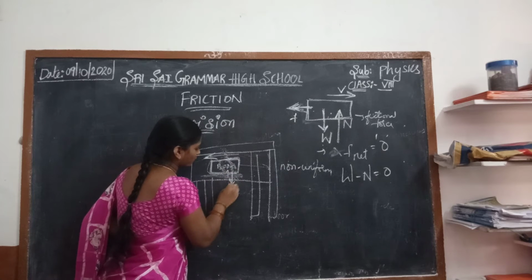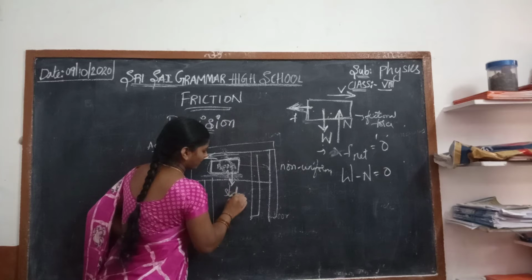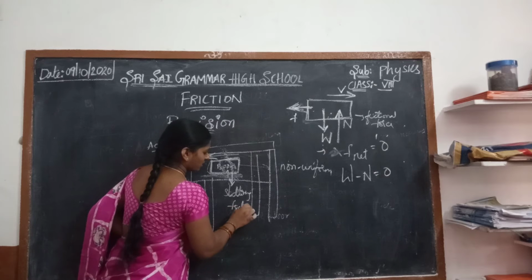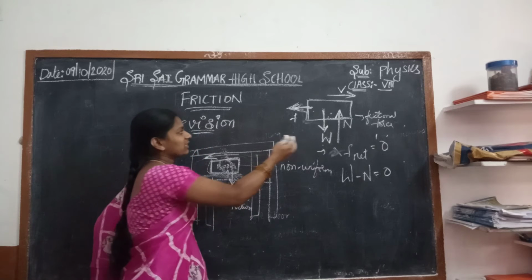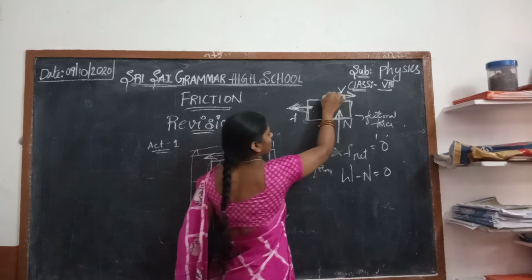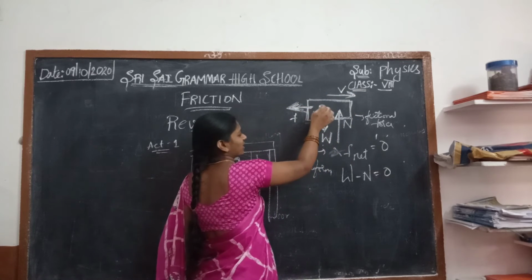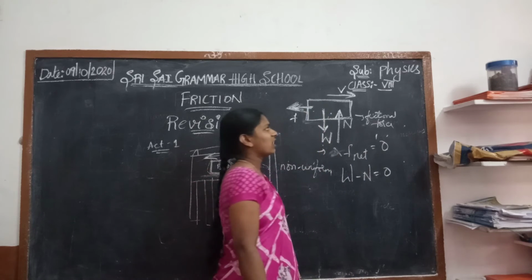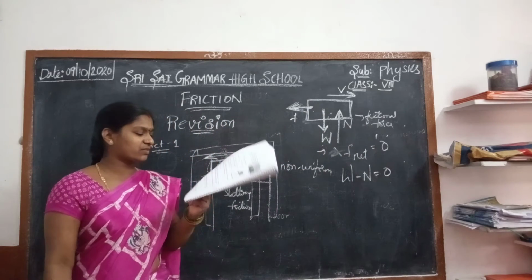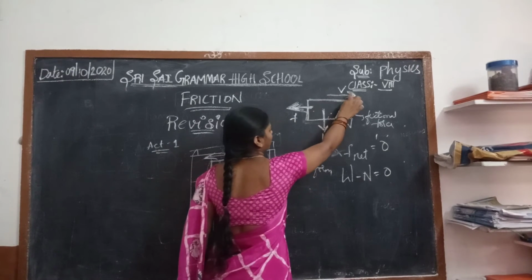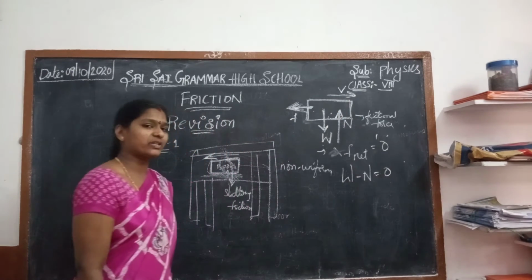In between these two, a sliding friction is acting, in the direction opposite to the motion. The force which opposes the relative motion is nothing but frictional force.